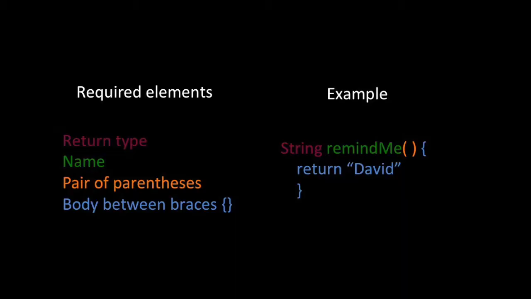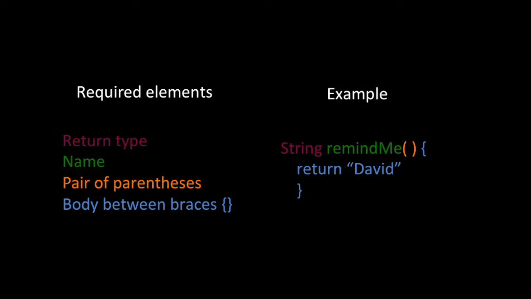In Java, the only required elements for declaring a method are the method's return type, its name, a pair of parentheses, and a body between curly braces. The return type is going to be the type of the data value that's returned, like a string or a double.